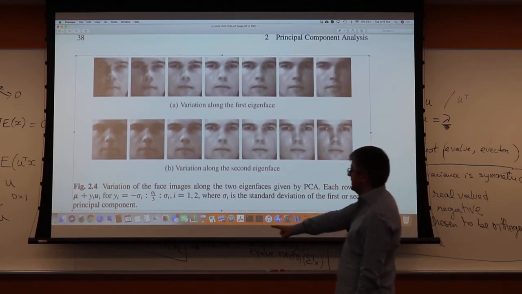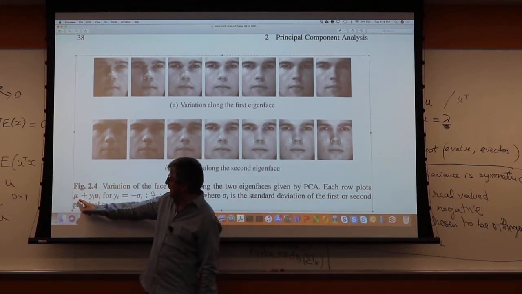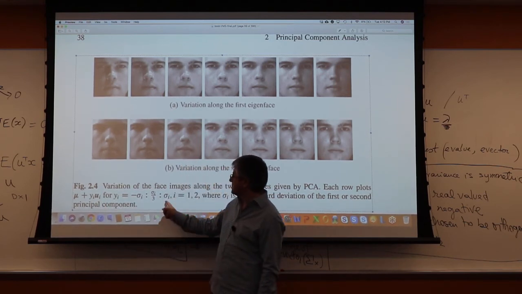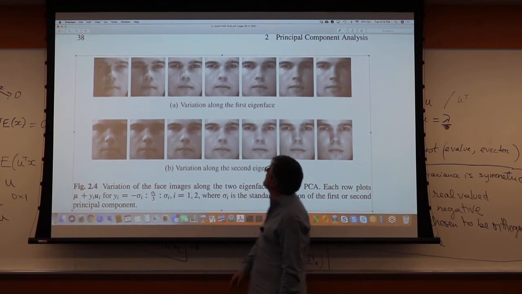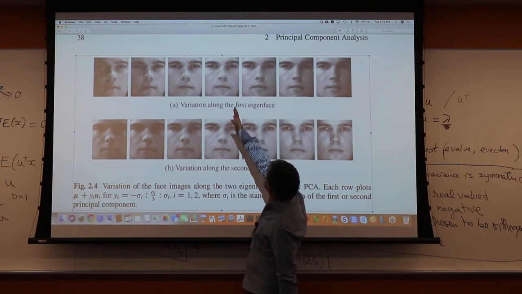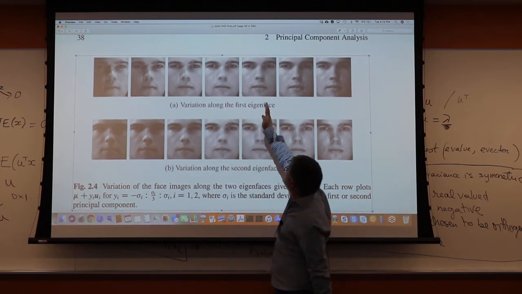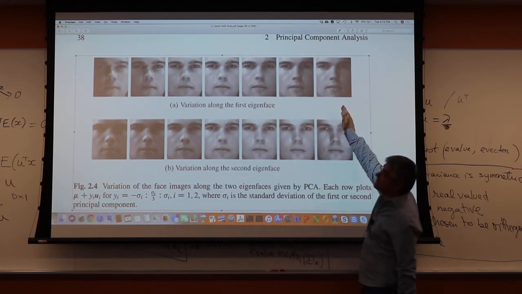Specifically, this is what's done here. I'm going to take the mean, mu, and I'm going to move along U1 a certain amount. And that amount is going to be between minus sigma and plus sigma, at intervals of sigma over 3. So in the middle, you just have the mean face, right? Now the mean face plus 1/3 of sigma, 2/3 of sigma, and 3/3, plus sigma.